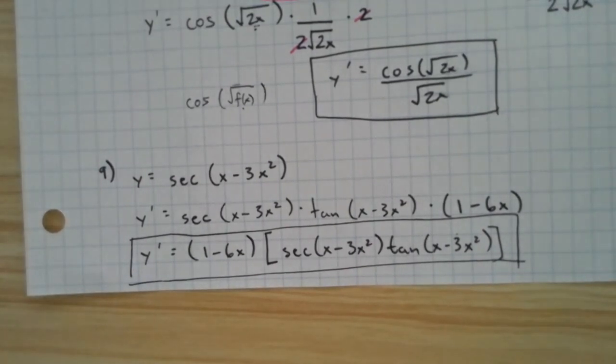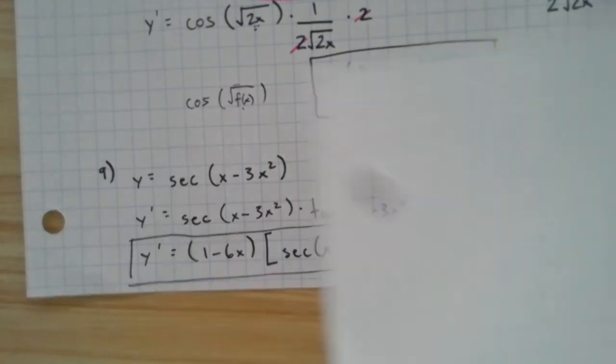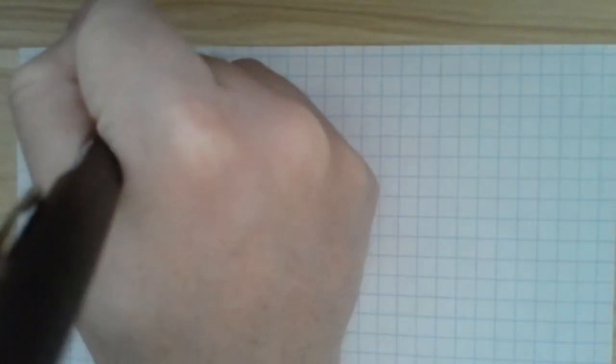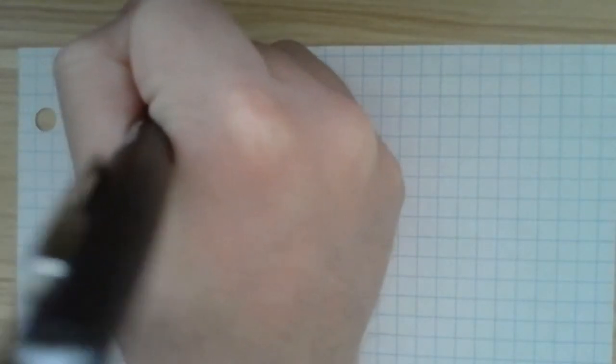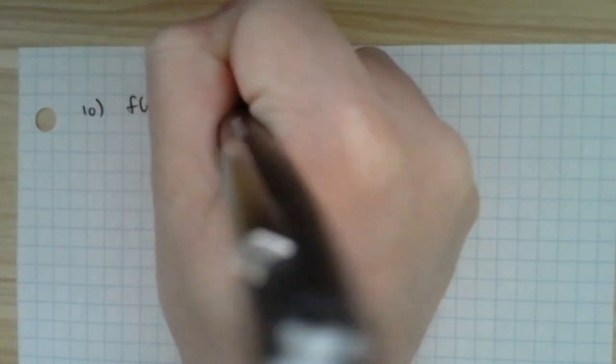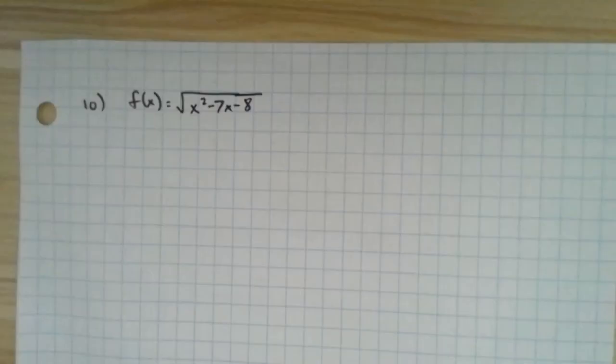Okay. Looks like maybe we have time for a final one. So we'll wrap up chain rule examples with this one here. Number 10. Square root of x squared minus 7x minus 8.